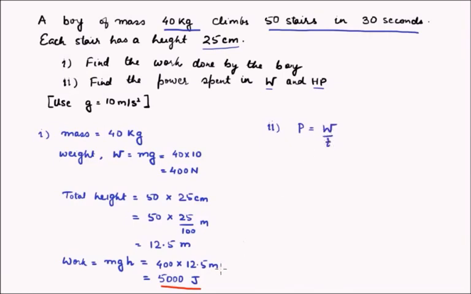We just found out that the work done by the boy is 5,000 joule divided by 30 seconds mentioned in the question as the total amount of time required. So 5000 divided by 30, that would give us 500 by 3, which is approximately 166.67 watt.